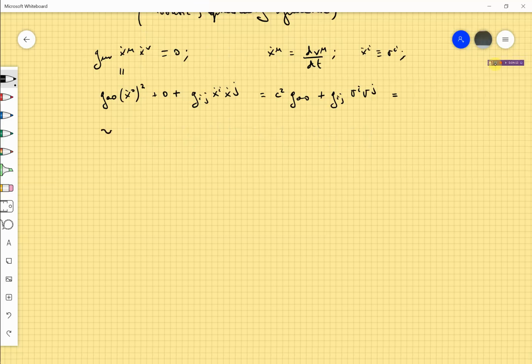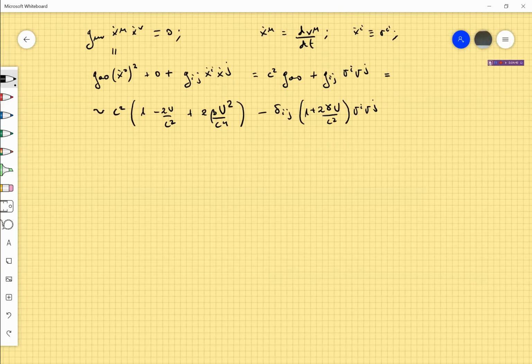Now this is c squared, and g_00 is 1 minus 2U divided by c squared plus 2βU squared divided by c^4 plus terms of higher order, minus δ_ij (1 plus 2γU divided by c squared) v^i v^j, plus terms of order 1 over c^4.